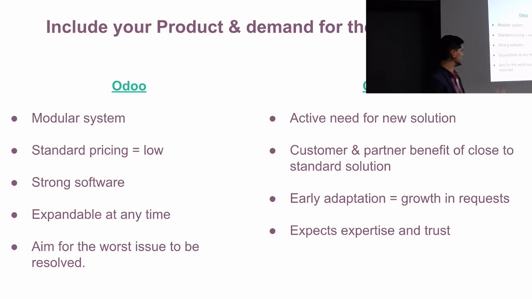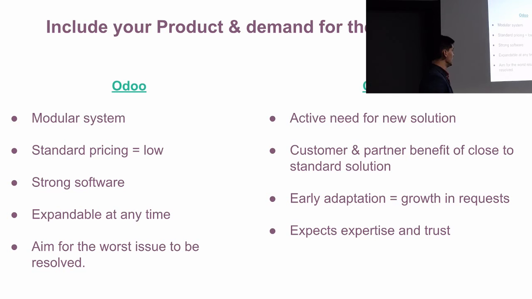And of course, the last part, the customer will expect expertise and trust from the person who actually implements the software that will carry the rest of their business. And the expertise and trust is built all along the project. The longer someone has to wait to see results, the harder it is to maintain that trust.